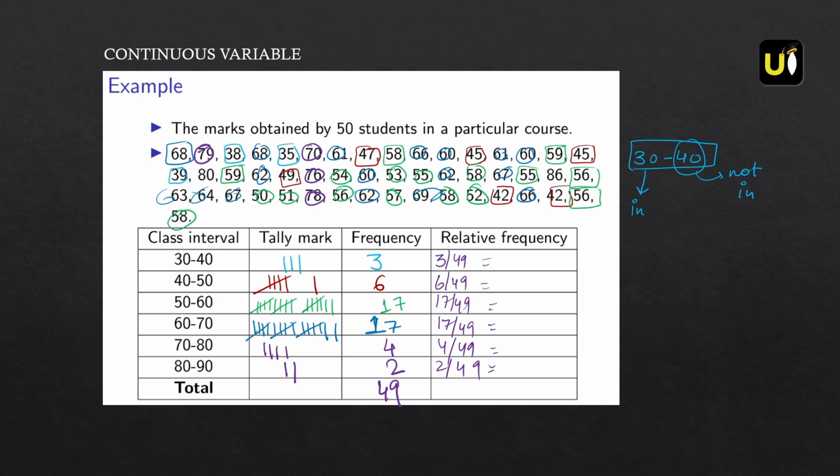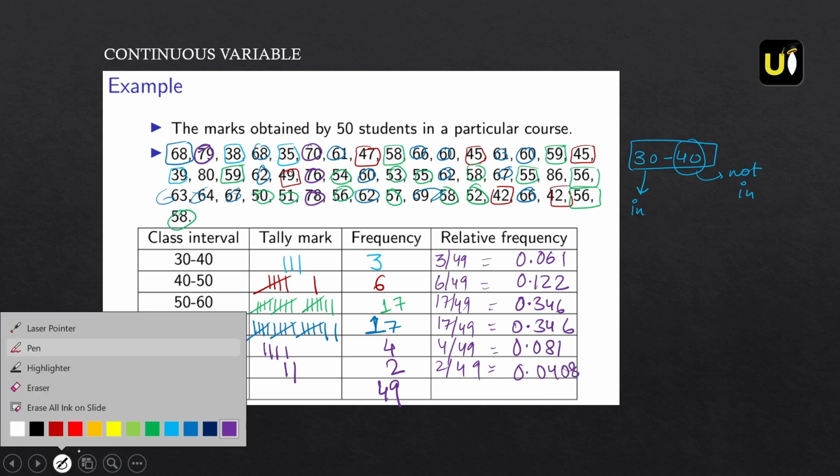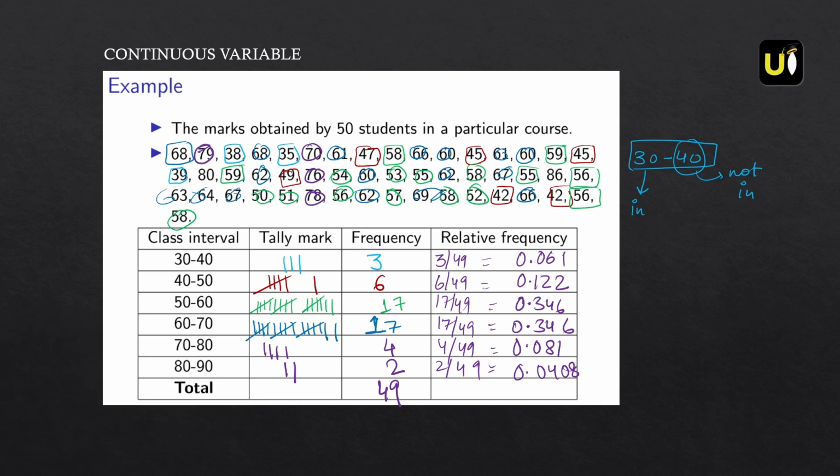So this is 0.061, this is 0.122, this is 0.346, 0.346, and this would be 0.081, and this would be 0.0408. So this is how you calculate the frequency distribution table for the continuous variable.